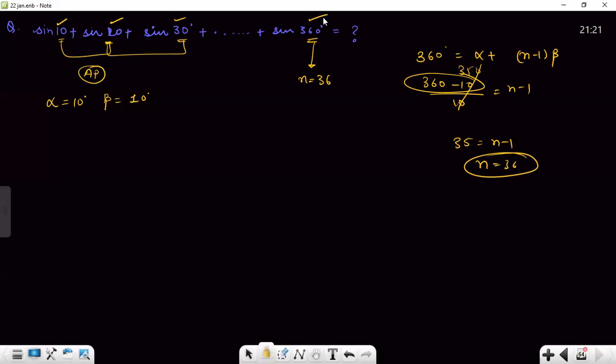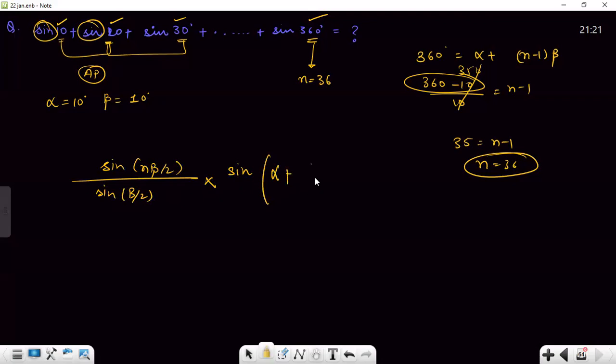Okay, now we know that the angles are following an AP here, and we know the formula for the sum of the series, which is sine of n beta by 2 divided by sine of beta by 2, multiplied with the sine or cos of the respective series, which is sine here, sine of alpha plus n minus 1 into beta divided by 2.